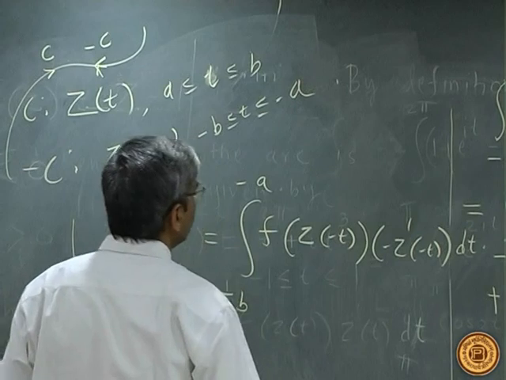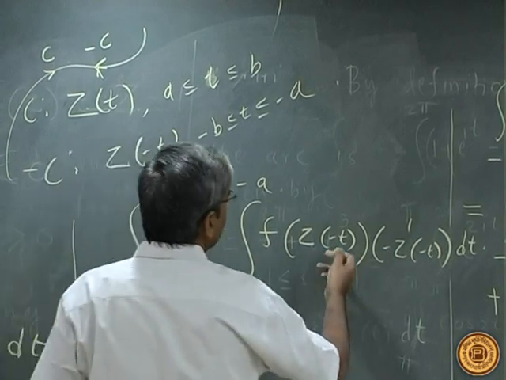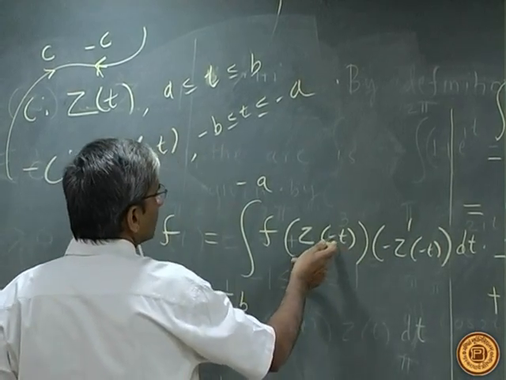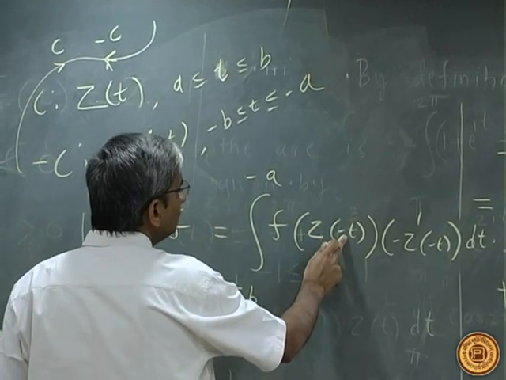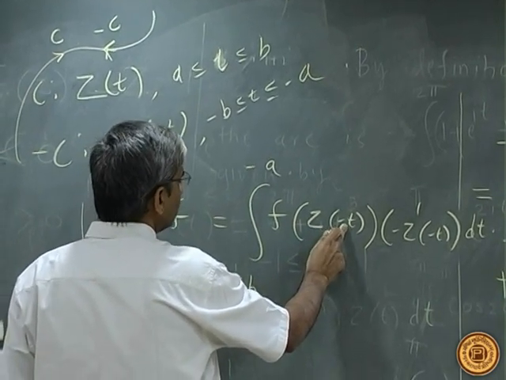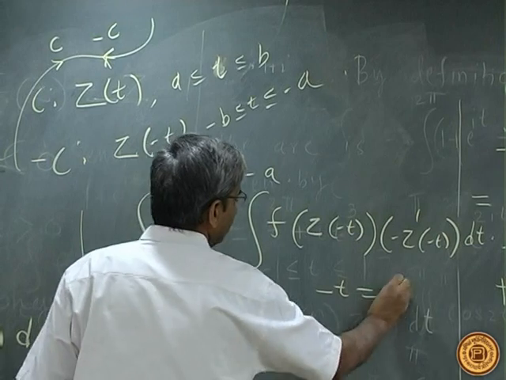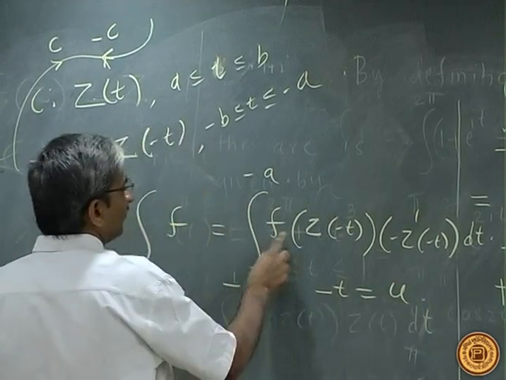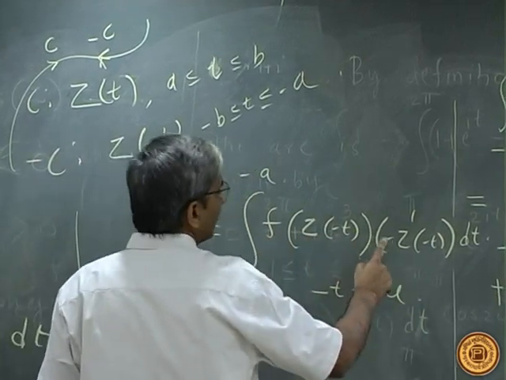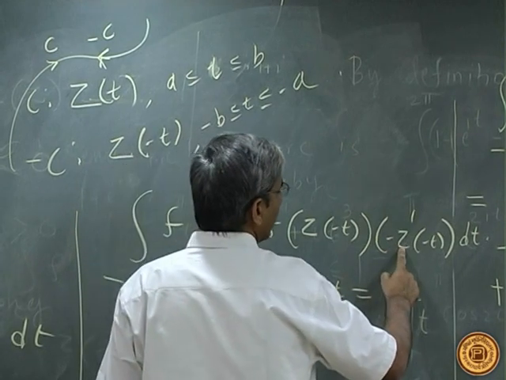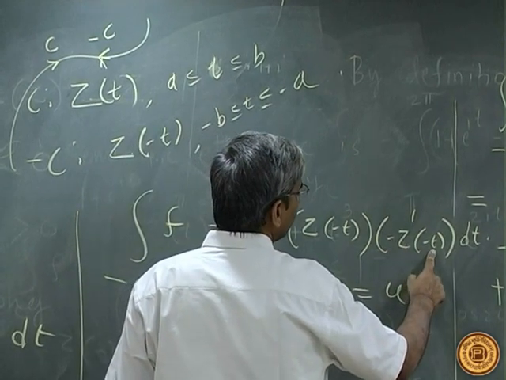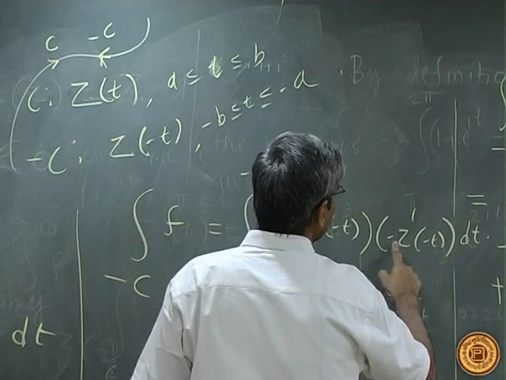Now if you put -t equal to u, then you will have f(z(u)) z'(u) du, with a minus sign.